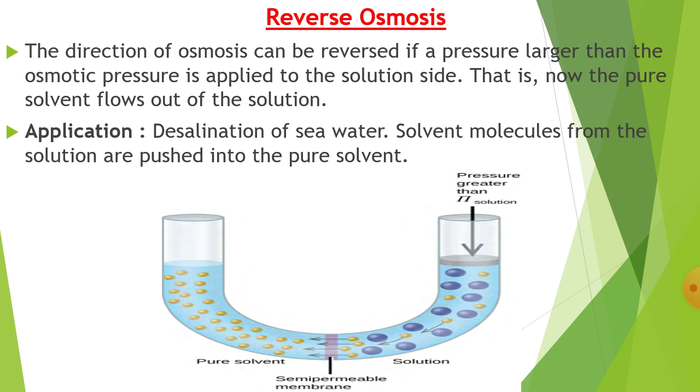In osmosis, what happens basically? The flow of solvent takes place from lower concentration to higher concentration.